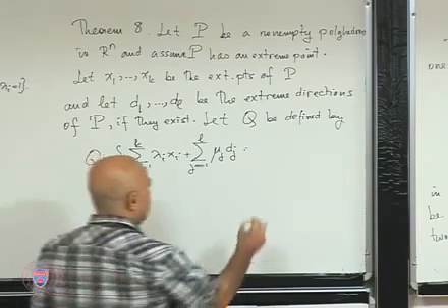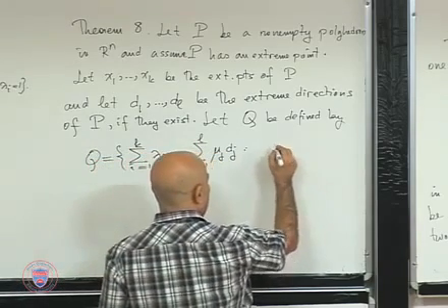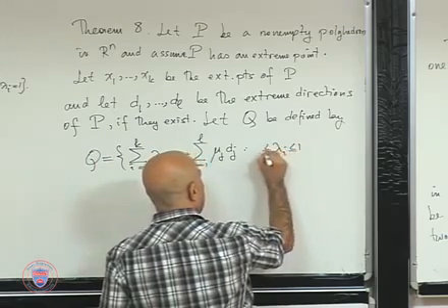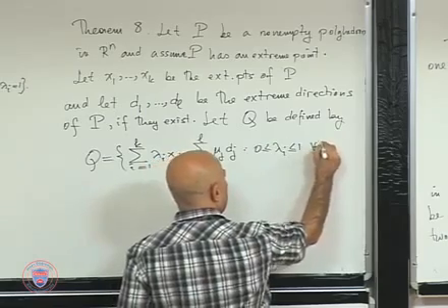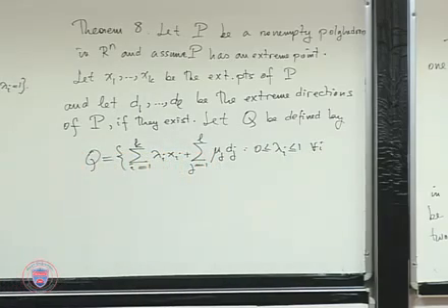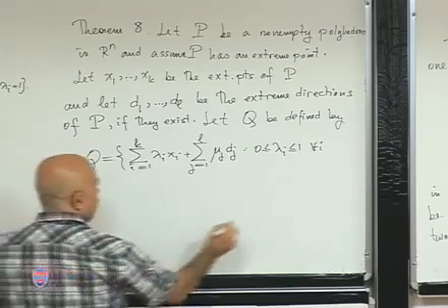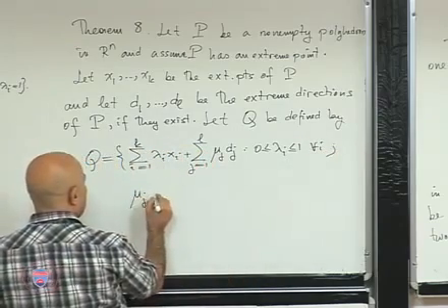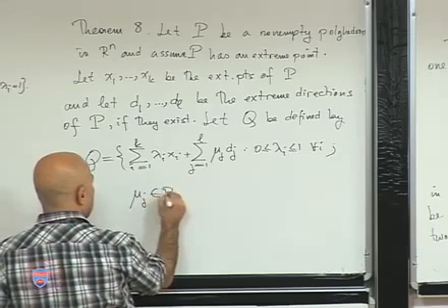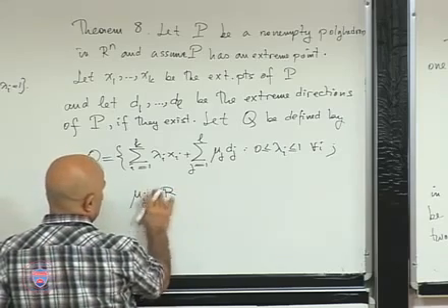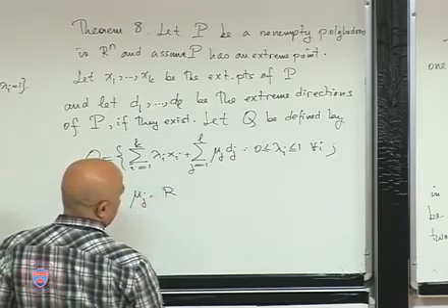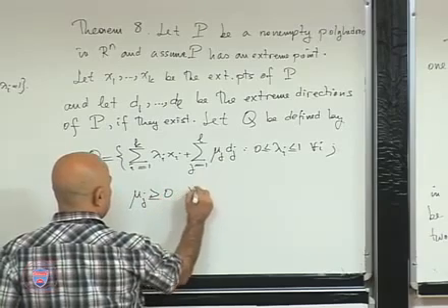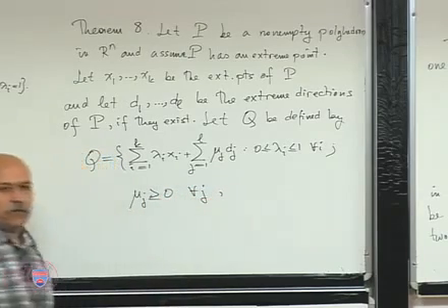Here, lambda i are real numbers between 0 and 1 for i going from 1 to k. Mu j are non-negative numbers for every j going from 1 to L.